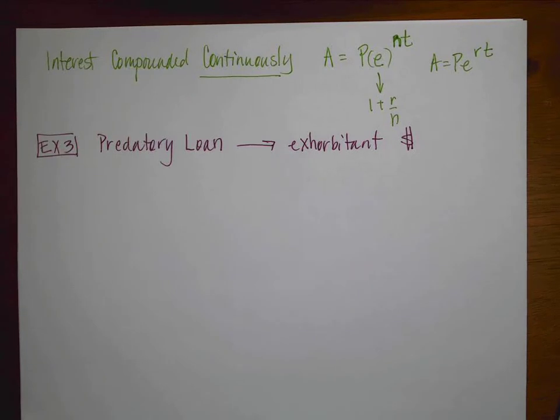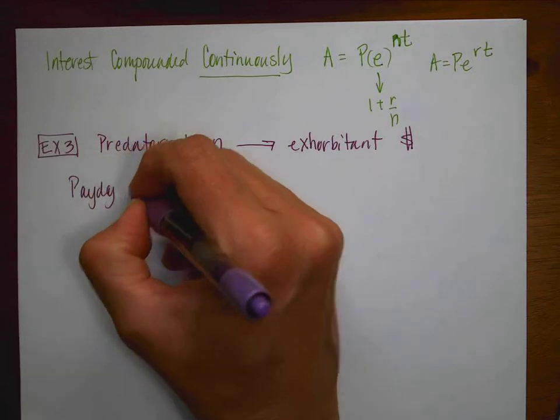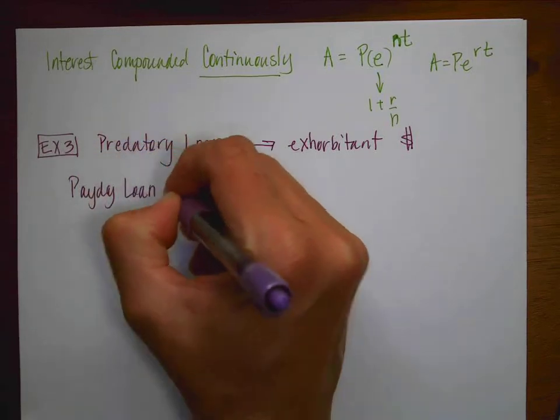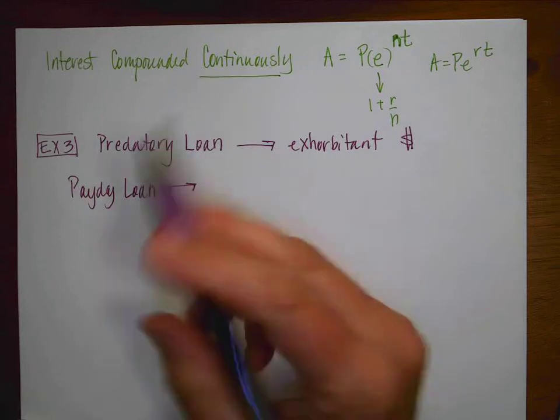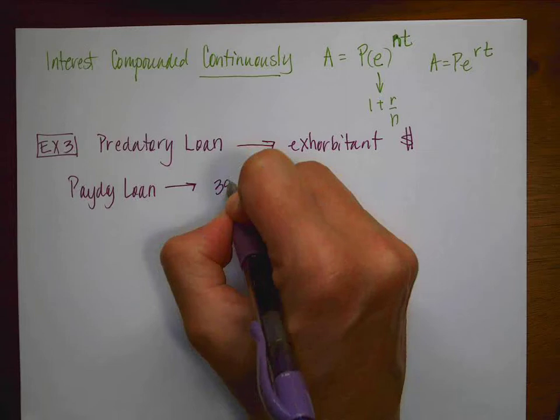So I did some phone calling, which was really entertaining, and people wouldn't talk to me because I was asking too many questions. So then I just looked it up and found out. If you do a payday loan for whatever company, here's how this would work, and it's interest compounded continuously.